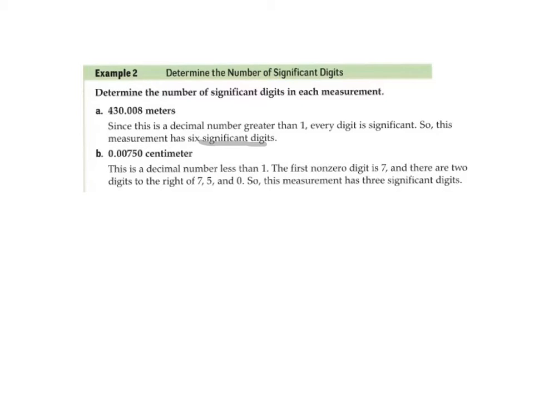If you look at B, which is 0.00750, you don't count the 0.00, so you start at the 7, and it's 750, so you count all 3 of those. That's 3 significant figures.